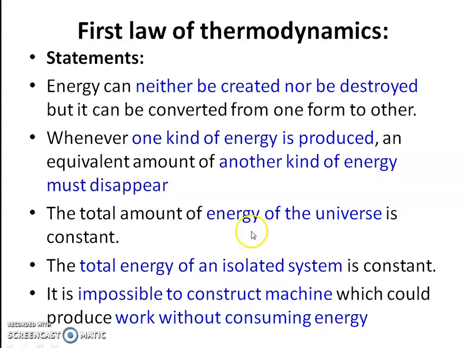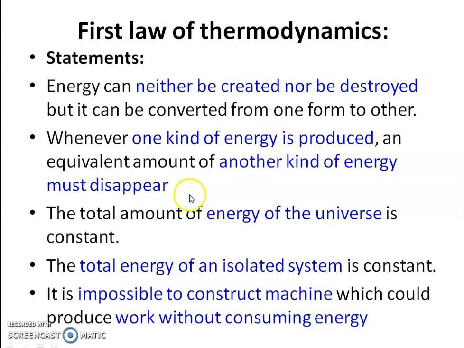This is highly impossible. If such a machine existed, it would be called a perpetual motion machine, and first law of thermodynamics says that it is not possible to construct such a machine which does work without consuming energy.